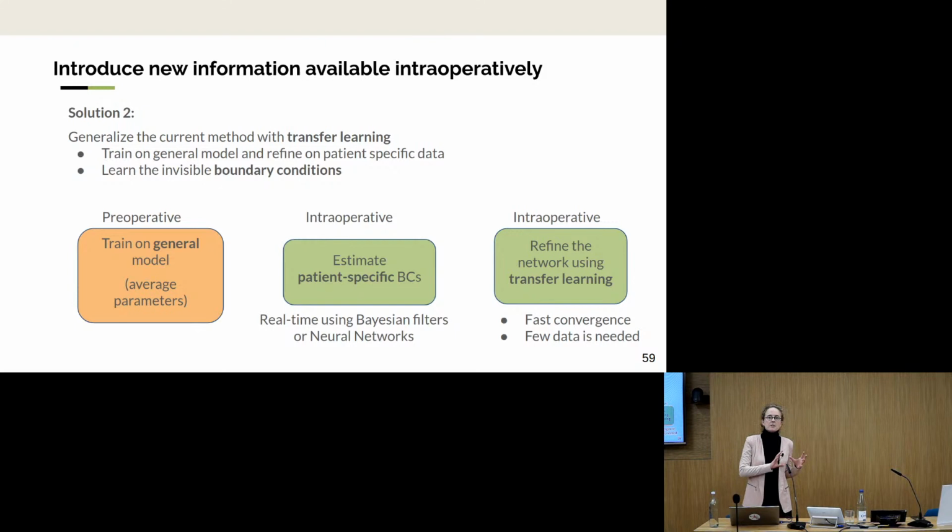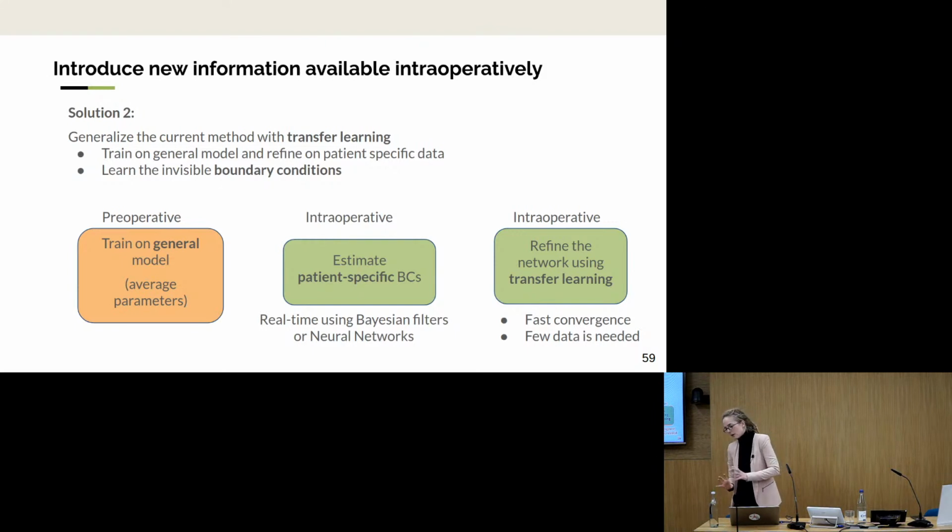So before the surgery, we can train a generic model with average parameters, and then once the surgery has started, use Bayesian filters or neural networks specific for this kind of tasks to estimate the patient's specific boundary conditions. And the obtained boundary conditions can be used to generate new finite element data very quickly, with very little data, in order to refine the network.